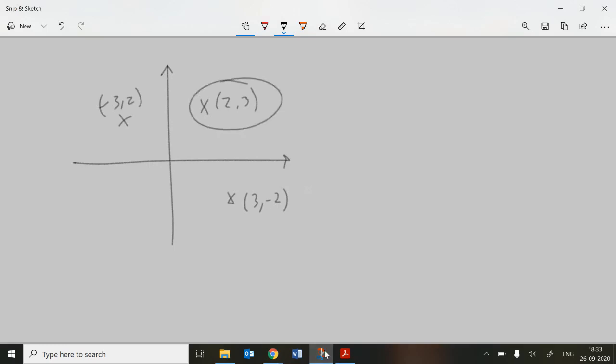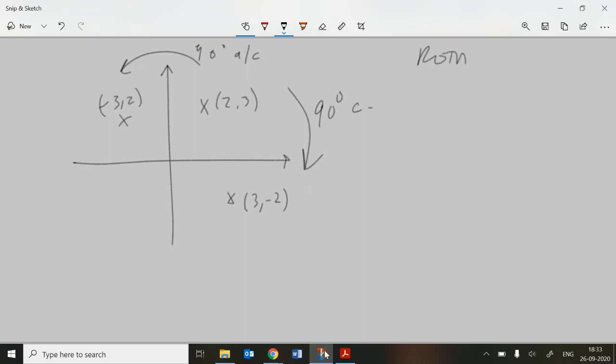But let's look at this. So this is our original point. We're talking about rotating it by 90 degrees clockwise here. So this would be 90 degrees clockwise, and rotating it by 90 degrees anti-clockwise as well. And so we are dealing with rotation matrices. That's what we're dealing with.